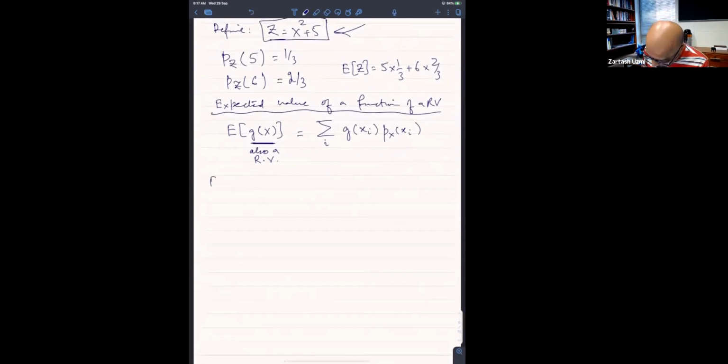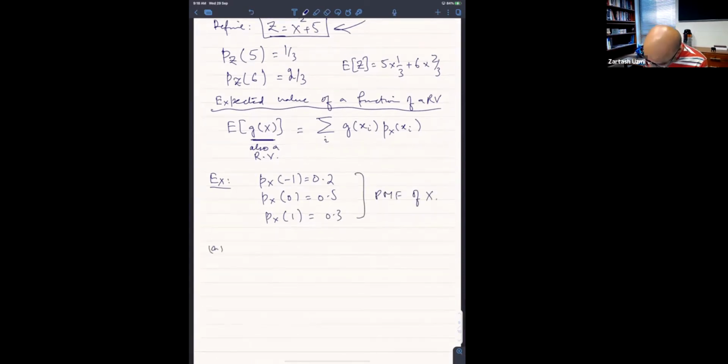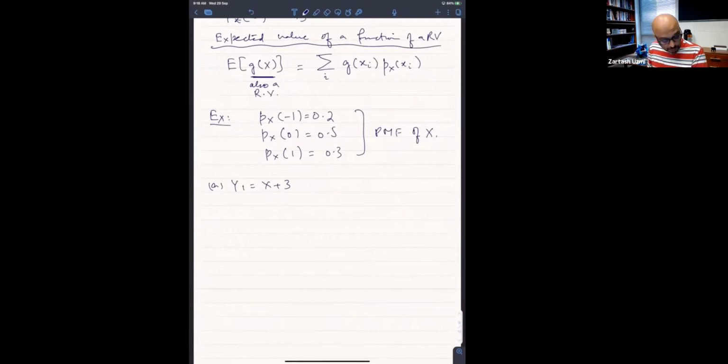Very quick example, it'll take just 1 minute. Let's say you are given the probability mass function of x: p_x(-1) is 0.2, p_x(0) is 0.5, and p_x(1) is equal to 0.3. This is the PMF of x. Let me define y1 to be equal to x plus 3.